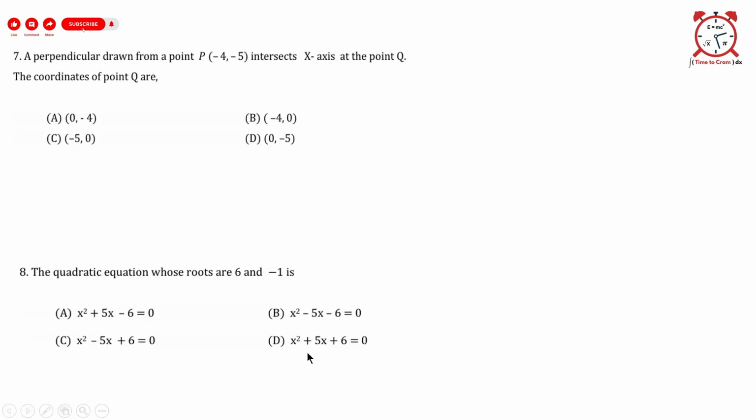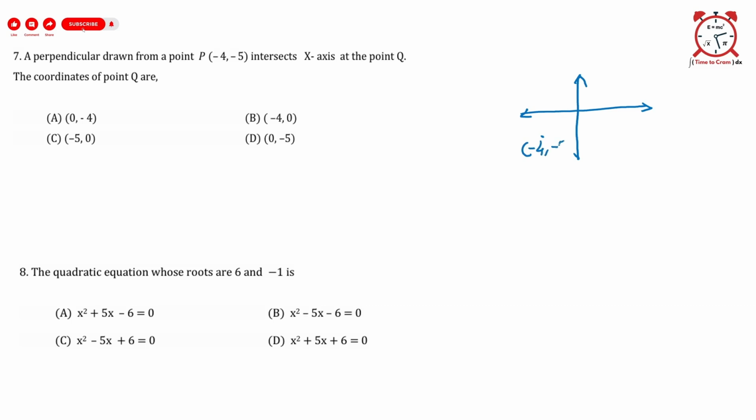Next question. Perpendicular drawn from a point P minus 4, 5 intersects x-axis at the point Q. The coordinates of point Q are dash. So let us consider the Cartesian plane here. Suppose this is our point.